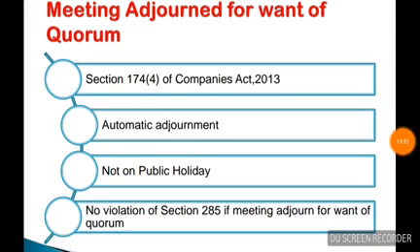So, meeting adjourned for want of quorum means that, as we said, 1/3 or 2, whichever is higher, directors have to be present. When the quorum is counted, if the prescribed number of directors is not present, then the meeting will automatically be adjourned to the same day next week, provided that day is not a public holiday.